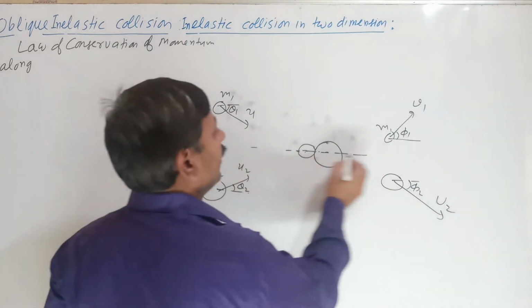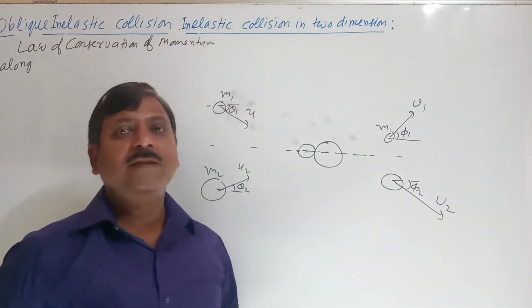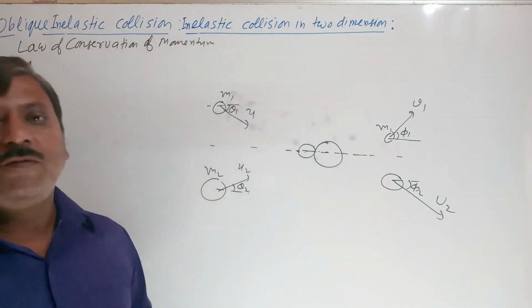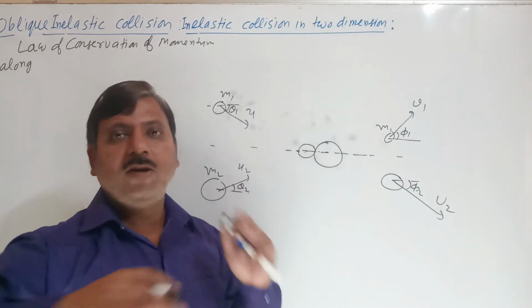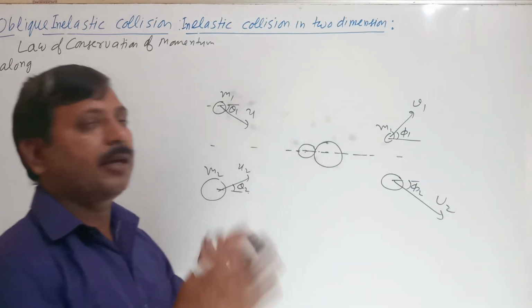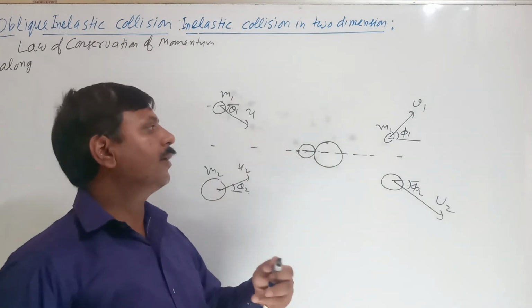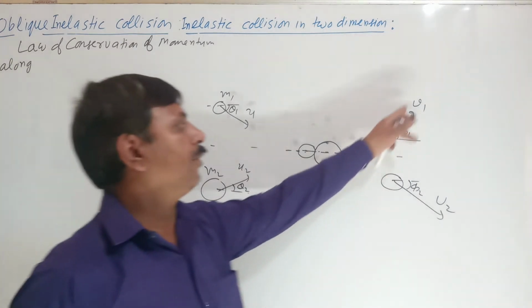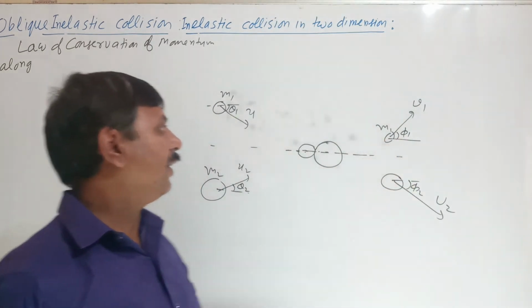I have taken it along the x-axis. Along the y-axis they are not applying any force. Along the x-axis they apply force, action and reaction, and after that they move with velocity v1 and velocity v2 at angles phi 1 and phi 2.